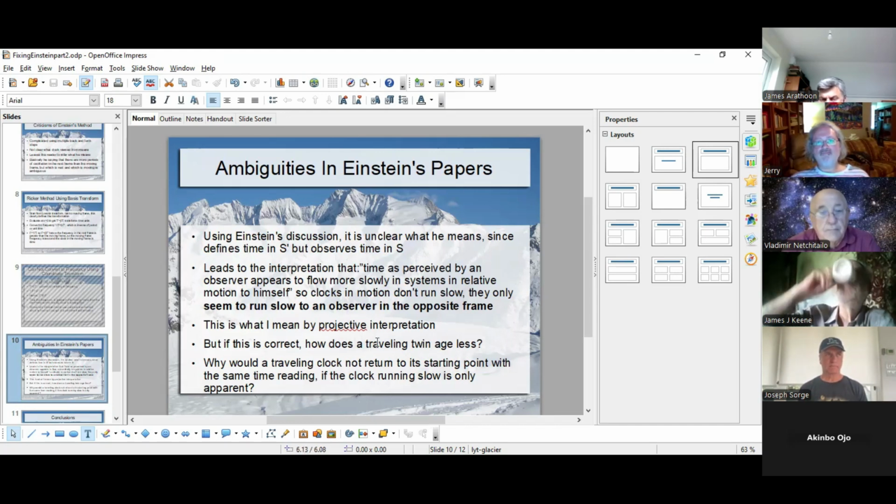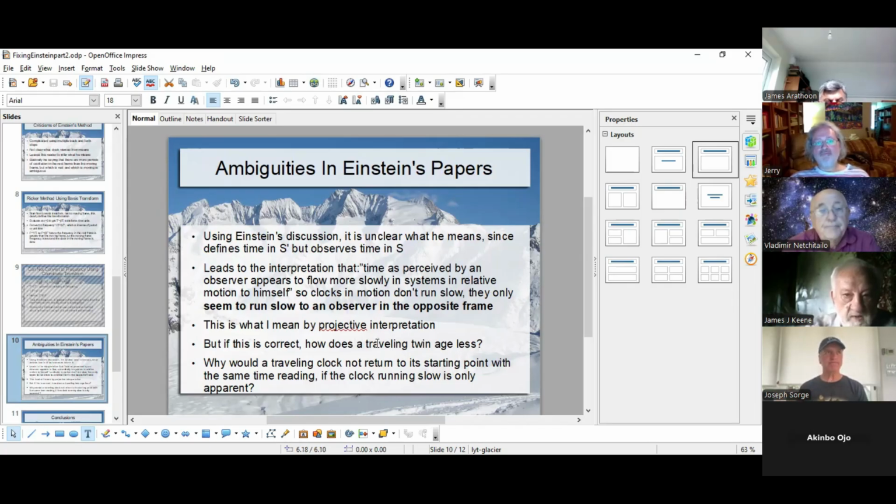Now the problem is, if it's only an effect of perspective of the observer looking at the other clock, then how can you say that a traveling twin ages less than a stay-at-home twin? That's also in conflict with the examples that he gave in his 1905 paper.